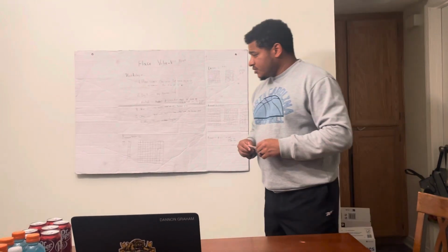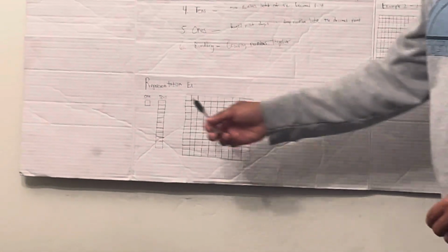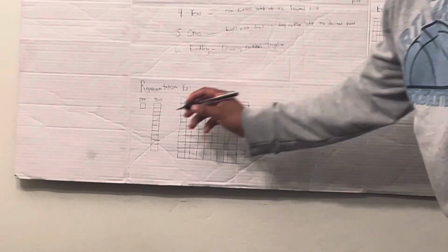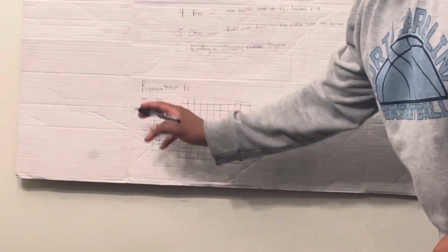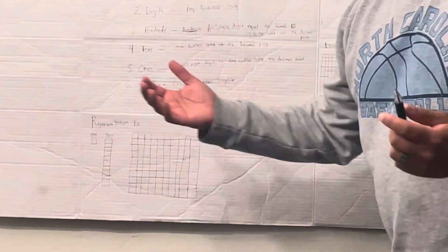This is a representation of the ones, tens, and hundreds. Here is one little block, which represents 1. If I had 4 little blocks, that would be 4 ones, which is just 4. If I had 6 little blocks, it would be 6 ones, which equals 6.